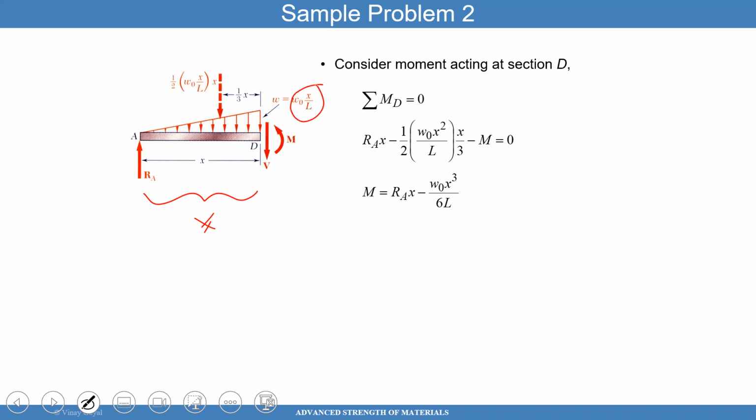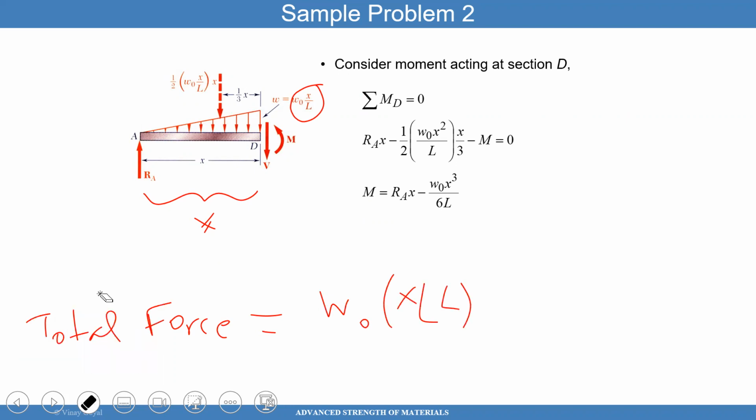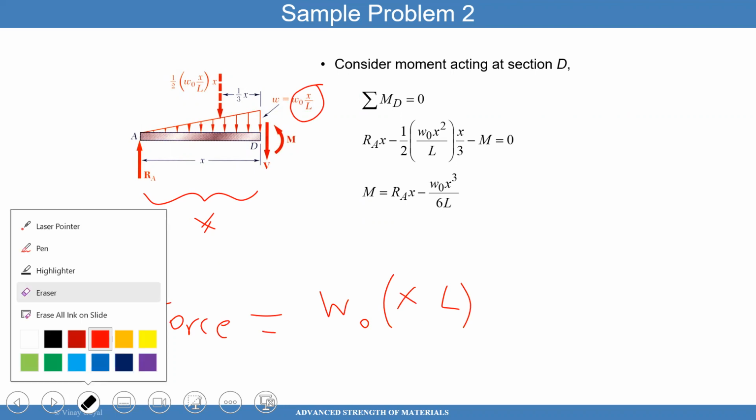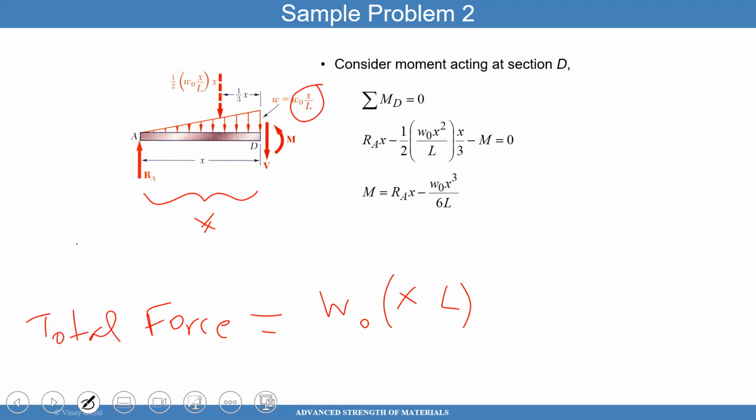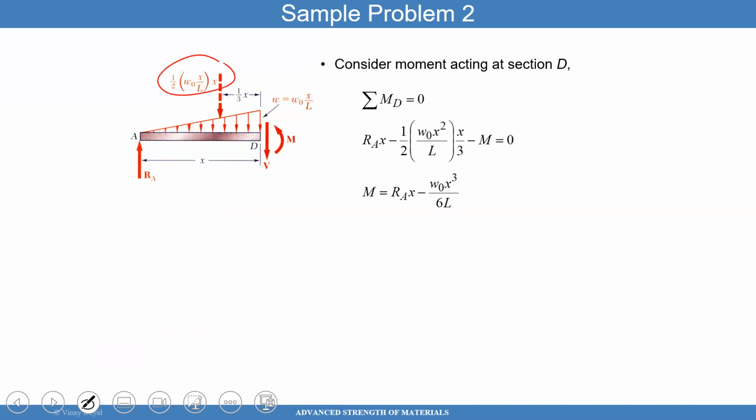So the total force equals W naught x over L times the length x divided by 2. That's the area of a triangle. Height times the width divided by 2 gives you the area of the triangle. And that's exactly what you see there provided to you in that circle right here.